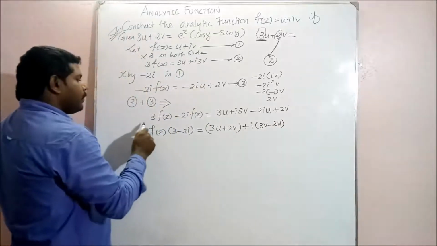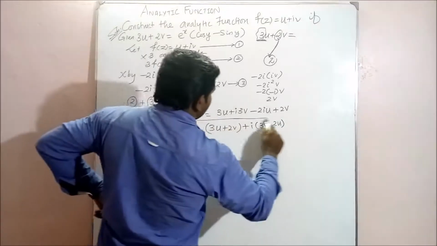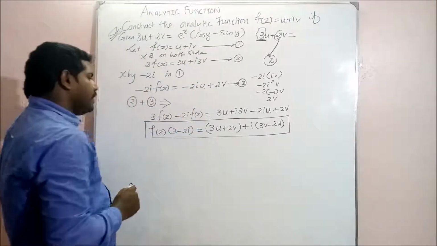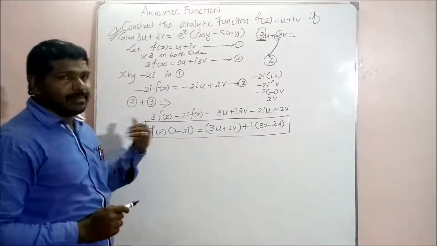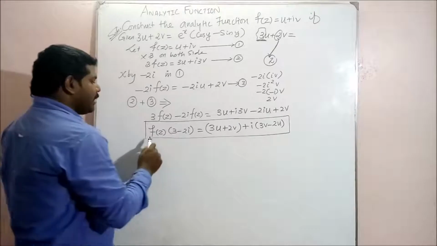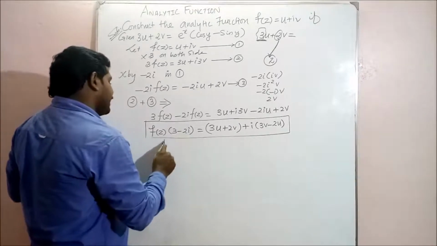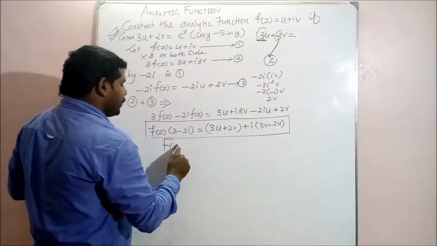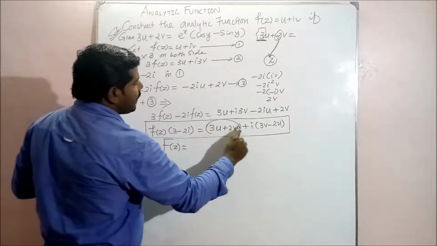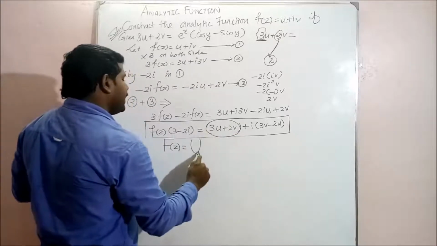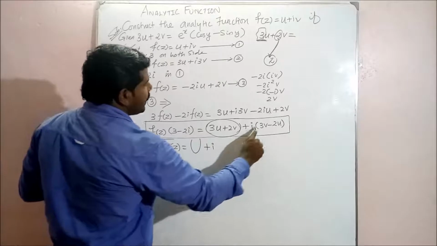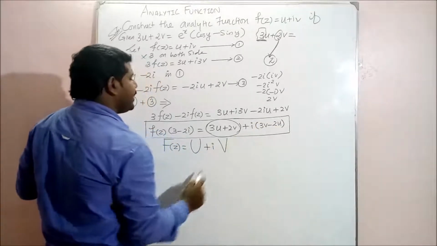So இப்போ we get one relation like this. After that we can do the substitution for all these functions. Left side capital F of z அப்படின்னு எடுத்துக்கிறோம். Right side ல real part capital U, plus i into imaginary part capital V அப்படின்னு எடுத்துக்கிறோம்.